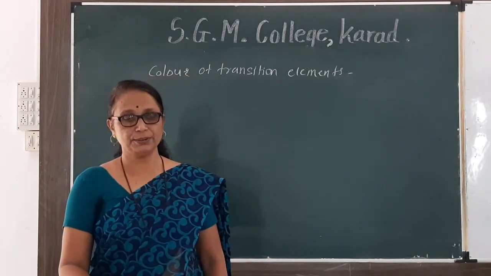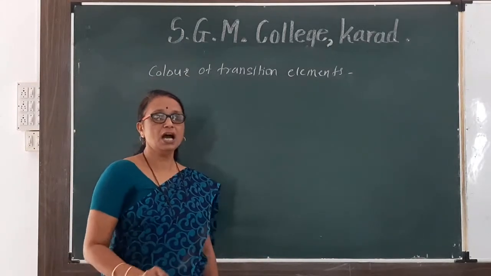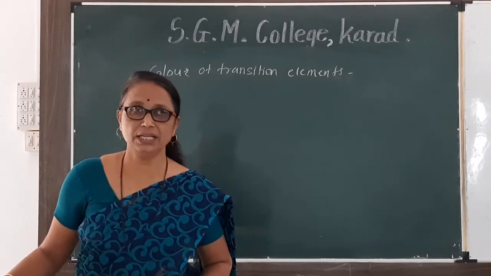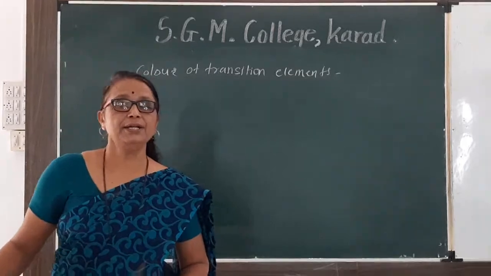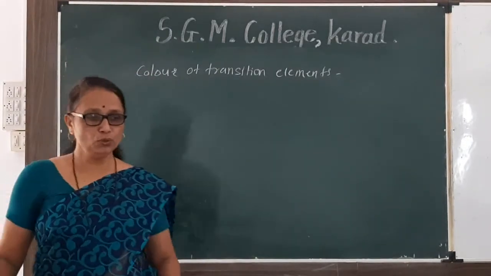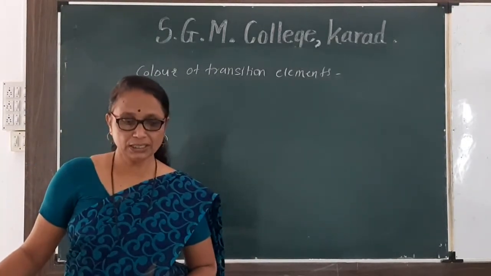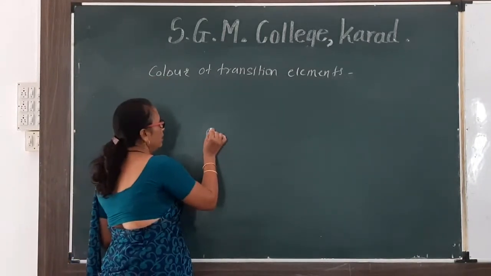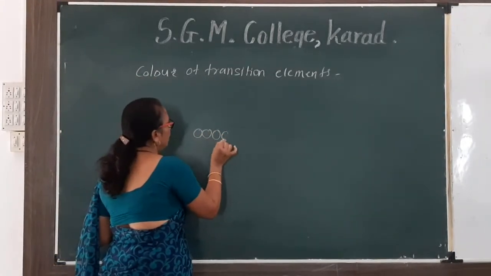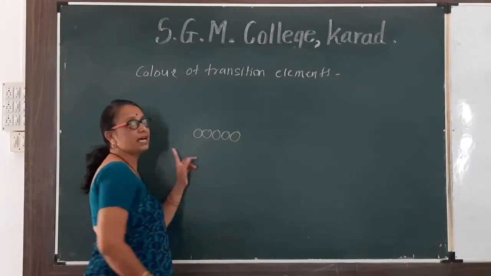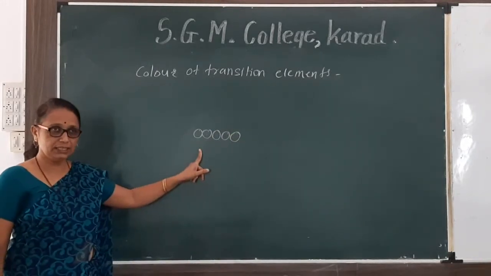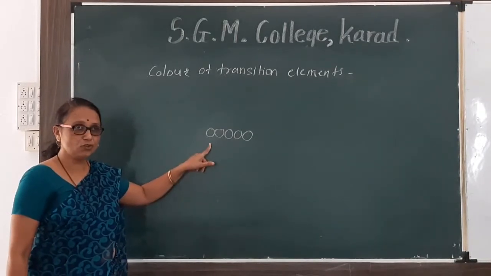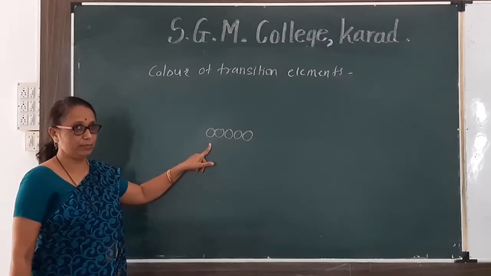Transition elements contain mostly unpaired electrons in (n-1)d orbitals, and in the case of a neutral atom, all the d orbitals are degenerate. Means we know all the d orbitals have the same energy. But this is in the case of a neutral atom.